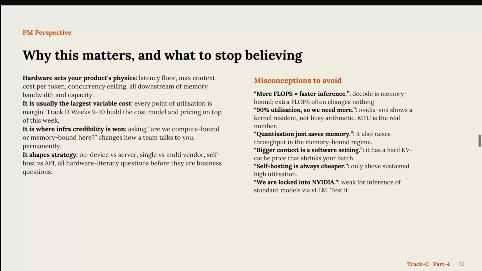Absolutely, because we are saying, hey, is this a compute bound problem or a memory bound problem? If we understand that, we can take the required fixes on top of that. It shapes the strategy. Do we do on device versus server, single versus multi vendor, self hosted versus API? All hardware questions, literacy questions, need to be answered before they are business questions.